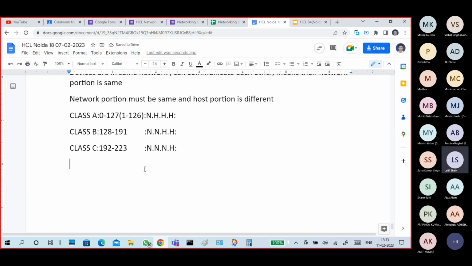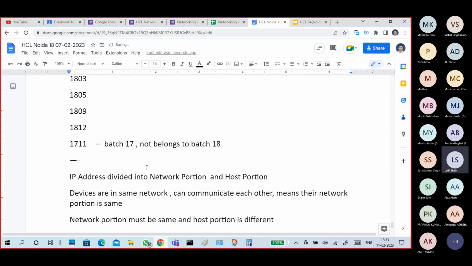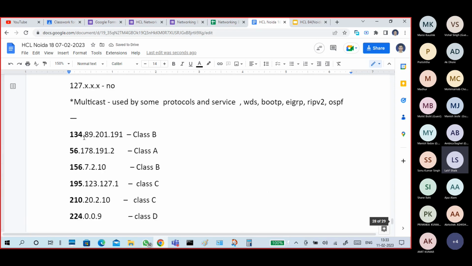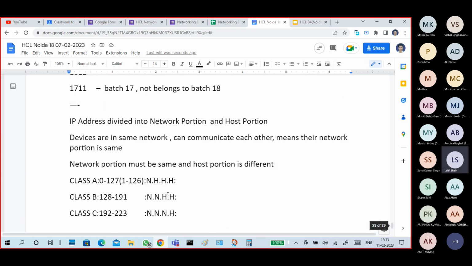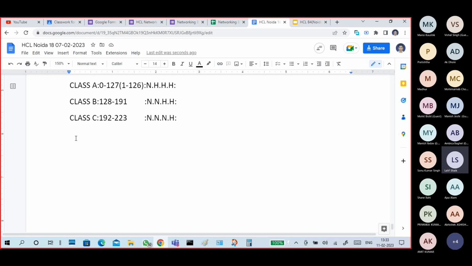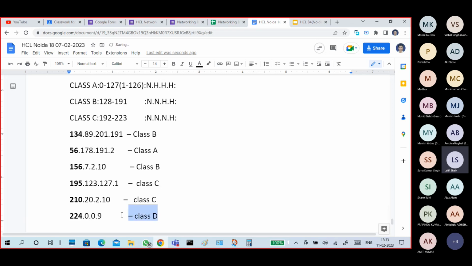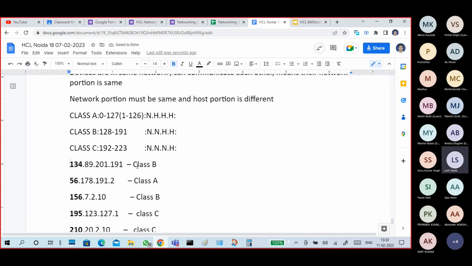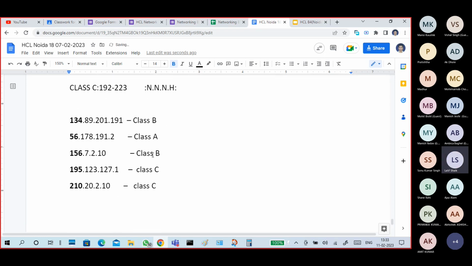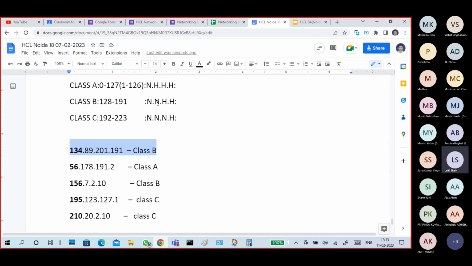So how do we recognize this from an IP address? We have taken some IP addresses here, the same ones as before, except class D, because we are not using class D. First recognize which class the IP address is. Which class is it? Class B. In class B the first two are network portions.